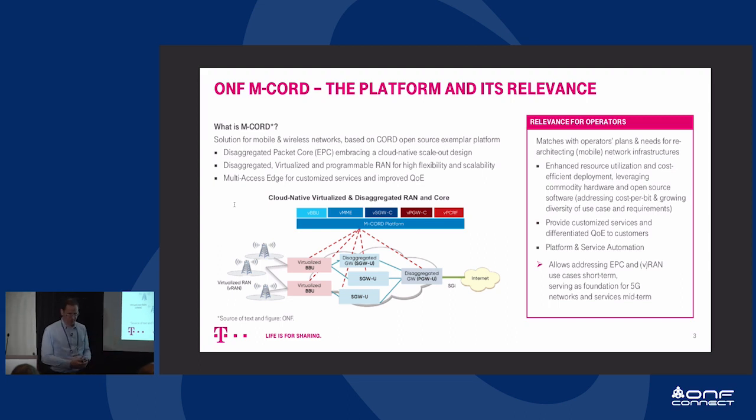So the first area, and that's also the one where I'm going to focus a bit, is the disaggregated EPC, the packet core with a cloud-native scale-out design that is pretty mature in MCORD in the exemplar right now. Second is the disaggregated radio access network, another key area that is built through the principles of SDN and open source, and provided in MCORD in a prototype implementation right now.